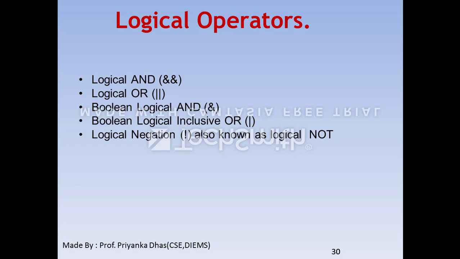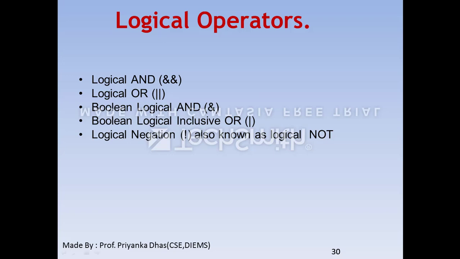Now, in some cases, for example blood donation, you are required to satisfy two conditions. HB should be more than or equal to 12 and weight should be equal to or greater than 50. So for this eligibility of blood donation, you need to check two conditions. How are you going to combine these two conditions?